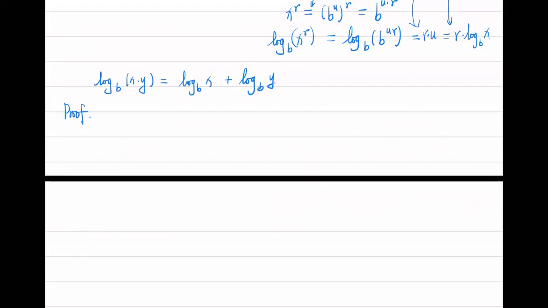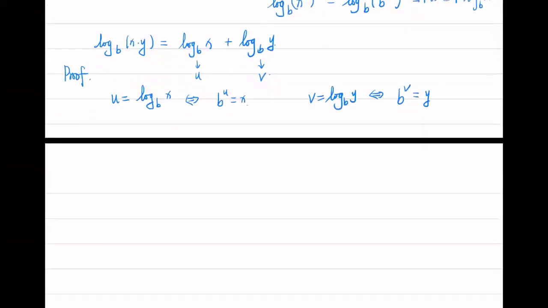To check this, we introduce two variables. We call this u, we call this v. So u is logarithm b x. This is the same as b to the u is x. v is logarithm b y, b to the v is y.